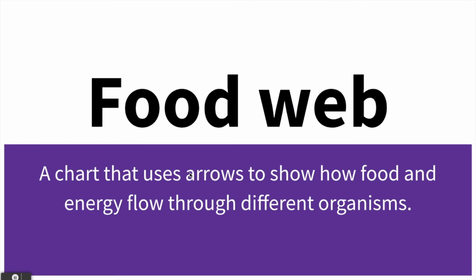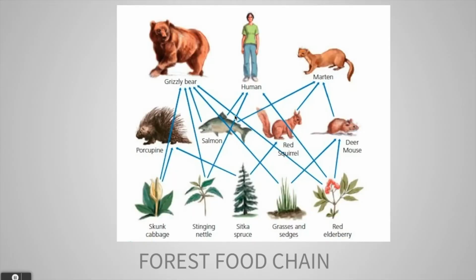So what is a food web? As we learned through this unit, a food web is a chart that uses different arrows to show how the food and energy flow through different organisms. For example, this shows a picture of a forest food chain. We see that at the bottom of the food chain are these different plants, and from these plants there are different arrows.